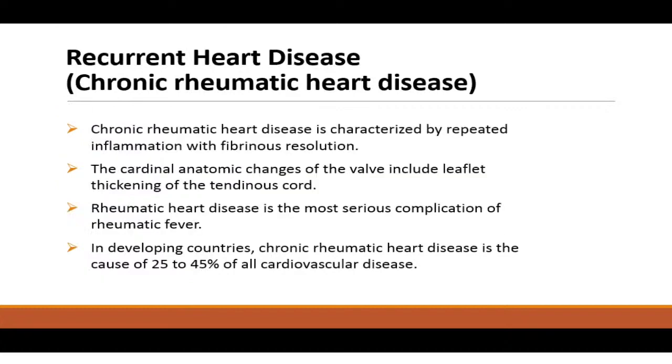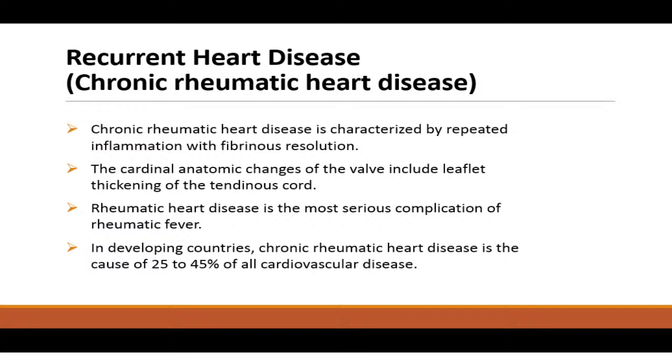So the biggest problem of acute rheumatic fever is recurrent heart disease, the so-called chronic rheumatic heart disease, which is the result of previous relapses of carditis. Chronic rheumatic heart disease is characterized by rapid inflammation with fibrinous resolution.